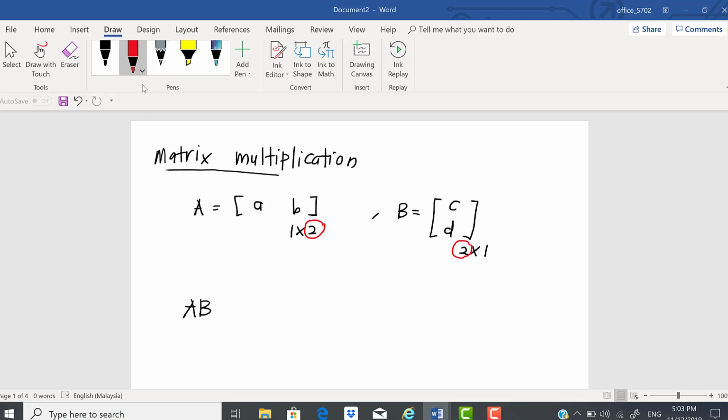That means the answer for A times B is a 1 by 1 matrix. So that means we have one row and also one column. So we have only one value here. So how to get that value? Okay, let's see.